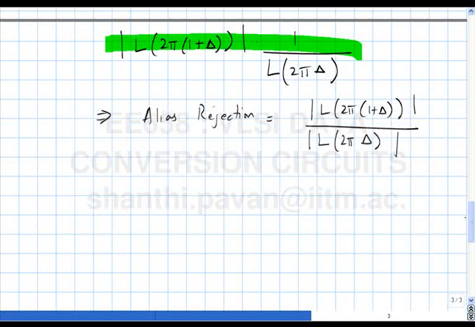Alias rejection, you're saying this must be a large number, so you get the idea, right? If you take it in dB, then it's just minus.